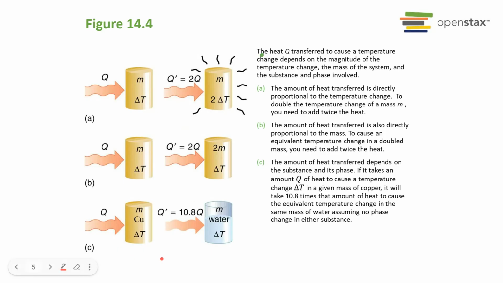And this is based on the molecular structures, the difference between copper and water, and that all boils down to that connection between kinetic energy on a molecular level, which is the best way to describe it. Okay.